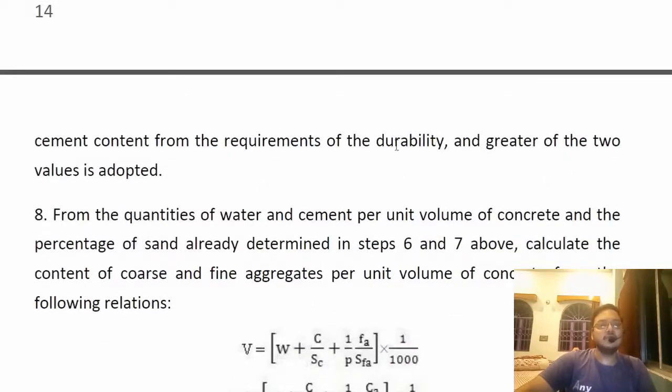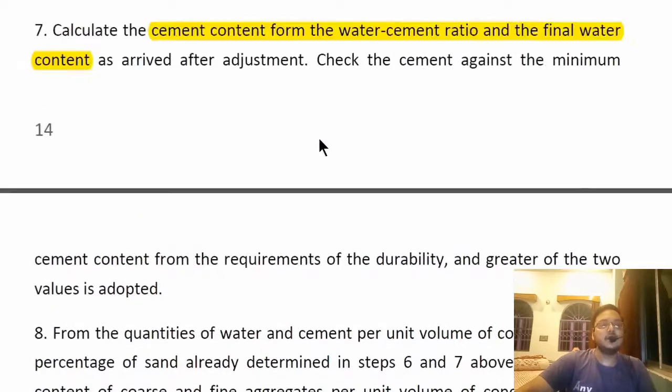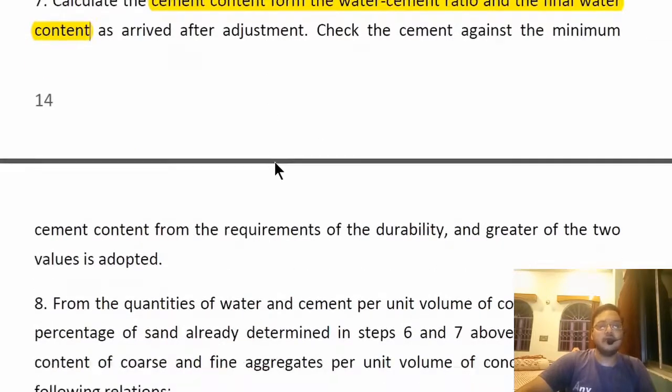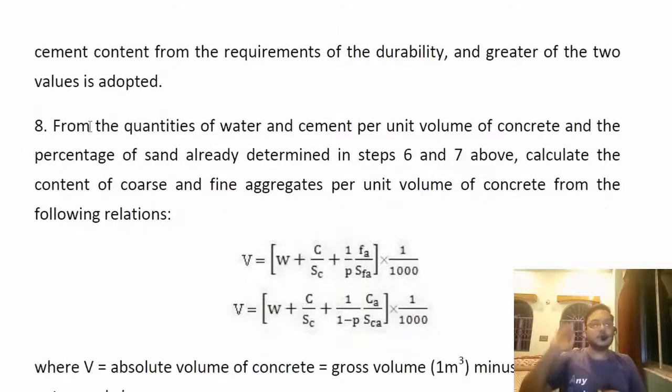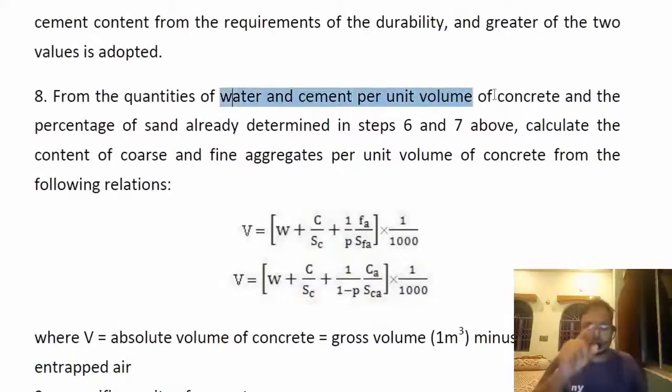Check the cement against the minimum cement content from the requirements of durability, and the greater of the two values is adopted. So next we will check the cement against the minimum cement content from the requirements of durability, and the greater of the two values will be adopted for our job.